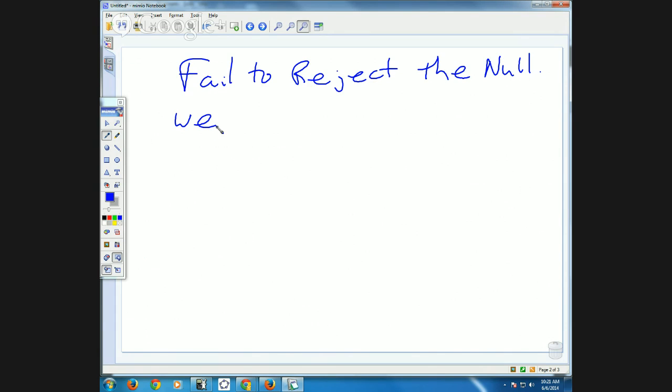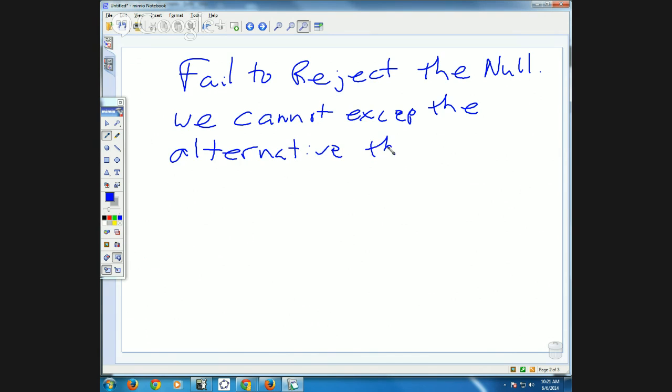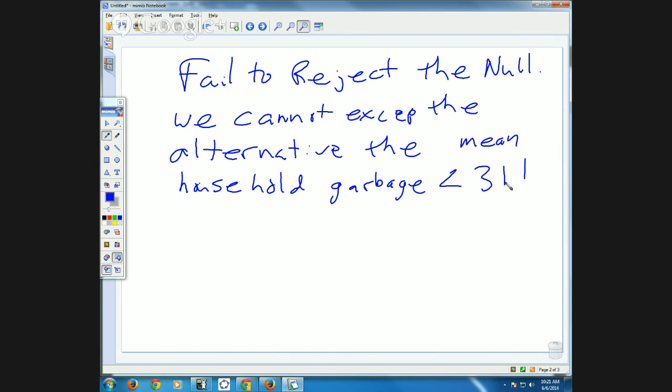So we cannot accept the alternative. Okay, so we can't accept that it's less than 30 pounds.